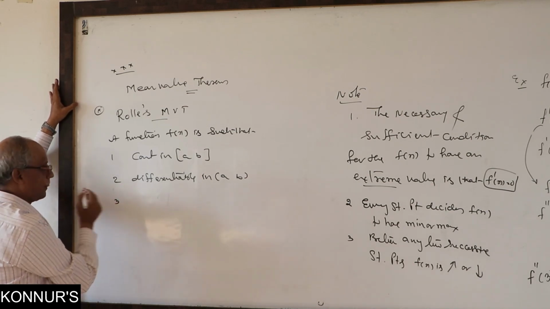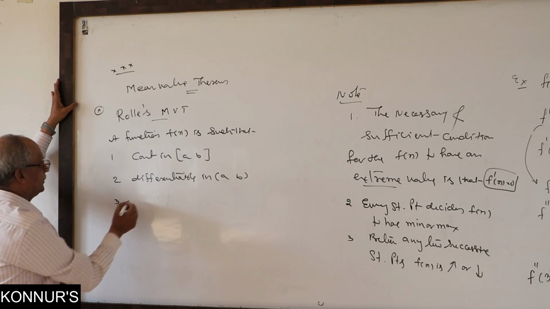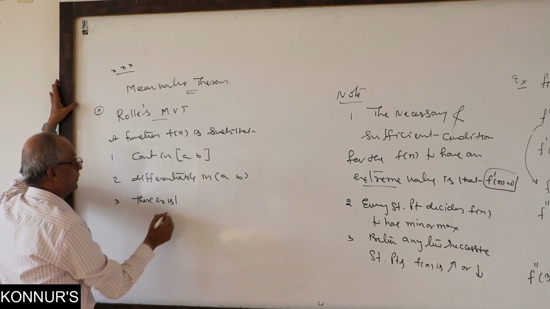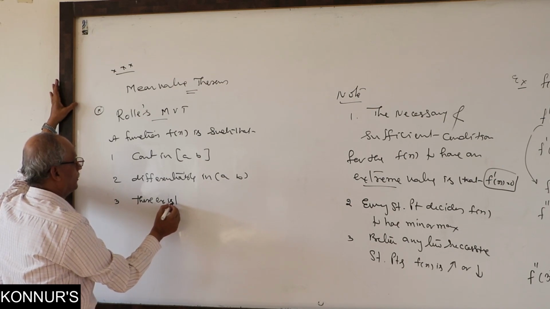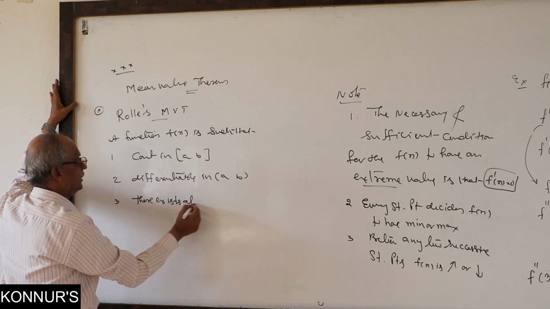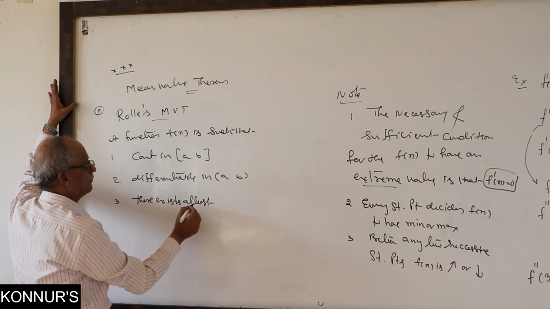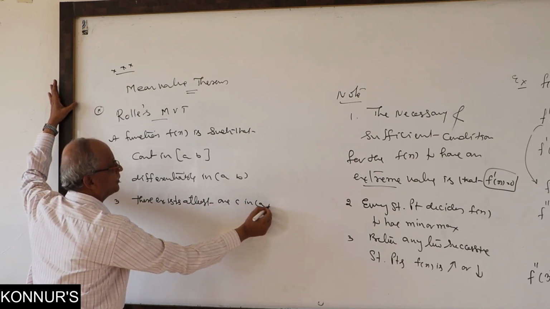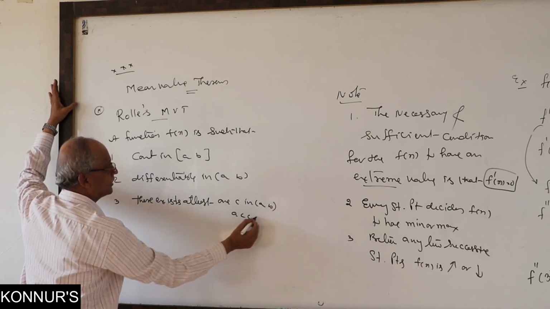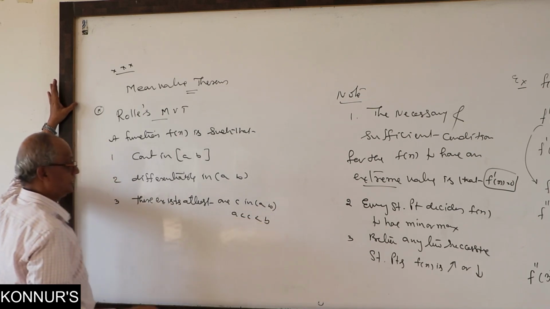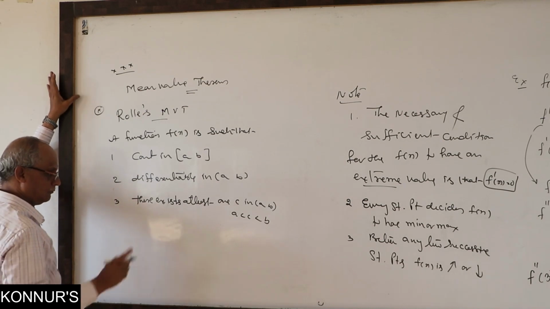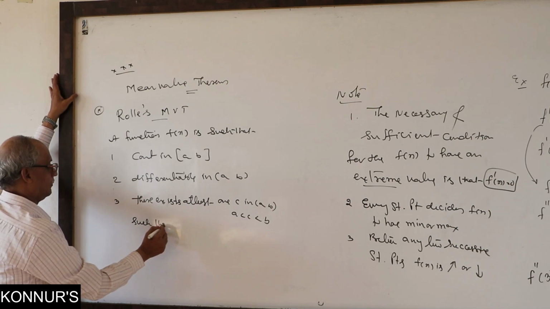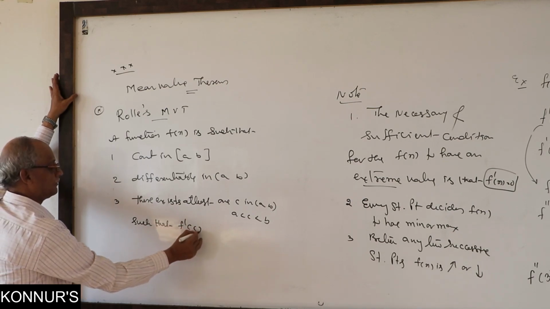Next point, there exists at least one c in (a, b), that is, a less than c less than b. In the interval in between, one real number c exists such that the derivative will definitely be 0.